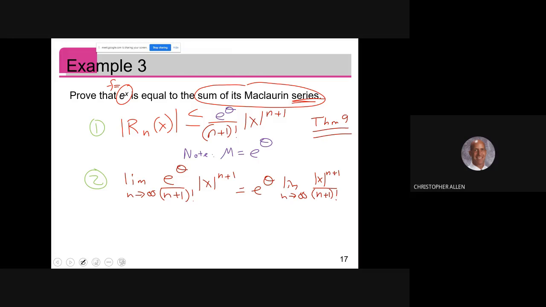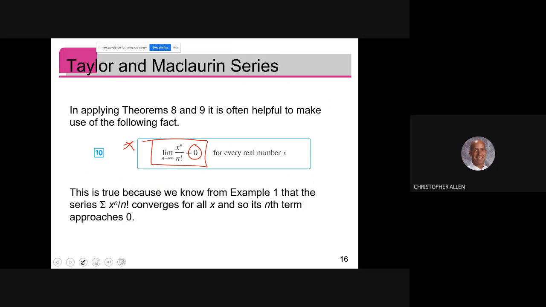Now, important observation. What does this limit have to be? I have a constant times the limit as n goes to infinity of the absolute value of x to the n plus 1 over n plus 1 factorial. What does it have to be? It has to be 0. This goes back to the piece I said is the key that's going to get us where we want.